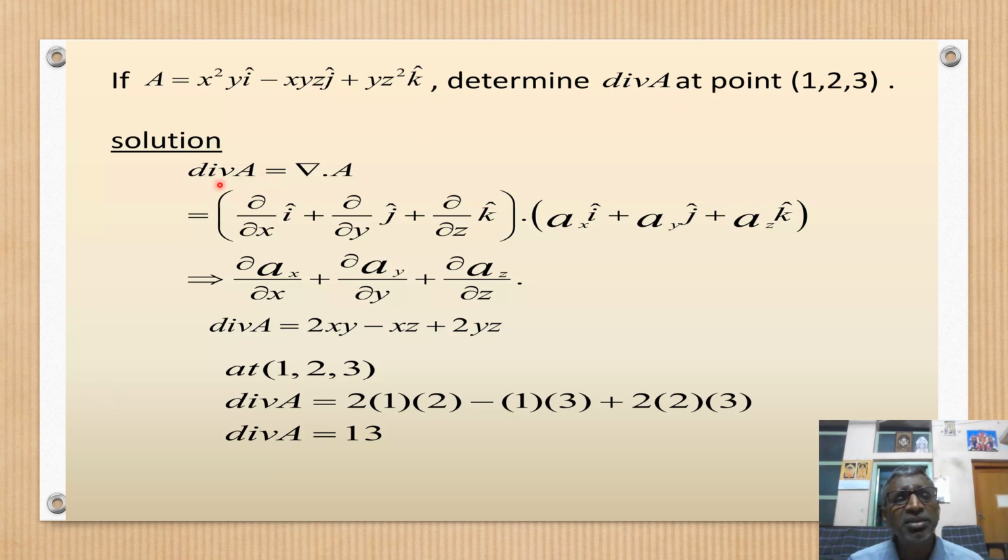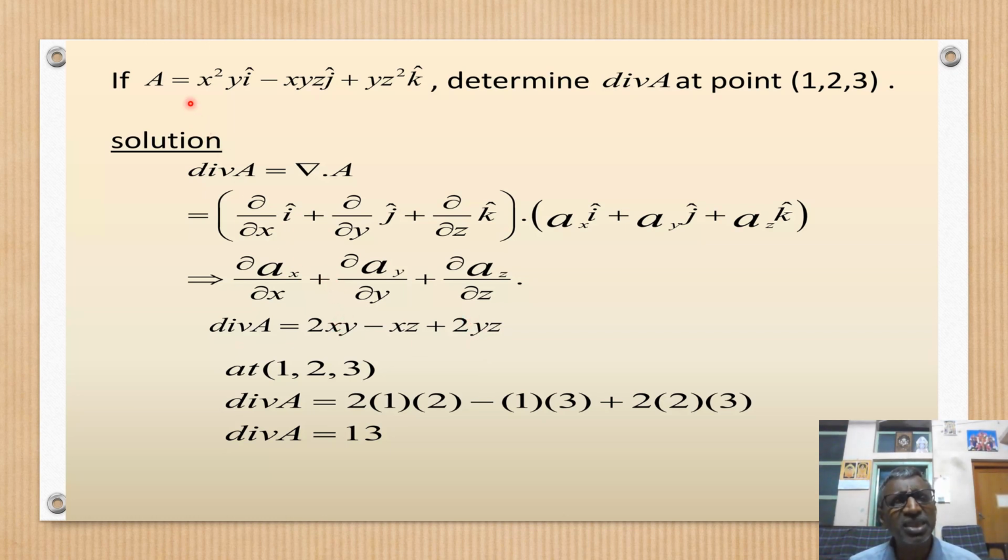According to the definition, divergence A is del dot A. You take the dot product: i dot i is 1, therefore it is dou Ax by dou x, and the other components i dot j and i dot k become 0. Dotting with j, I get dou Ay by dou y, and similarly plus dou Az by dou z. This is what is called the divergence of a vector point function.